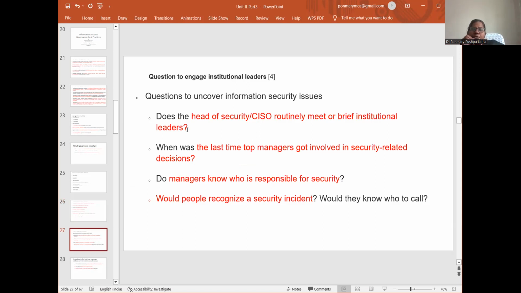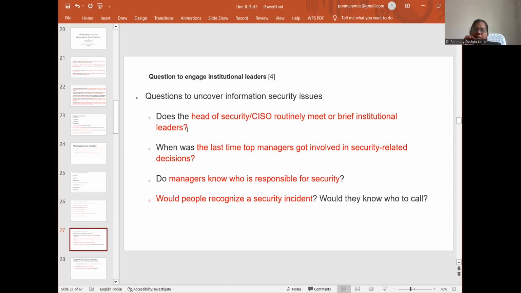There are some questions to engage the institutional leader. Whether the head of security routinely meets the institutional leader. When was the last time the top manager got involved in a security related decision?